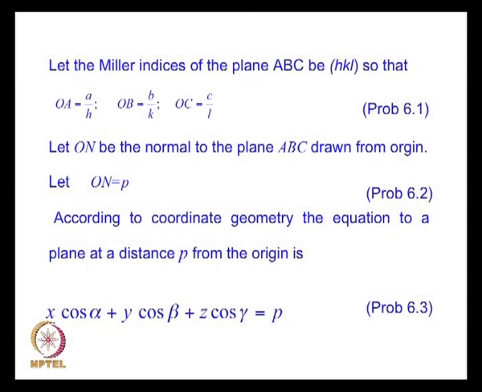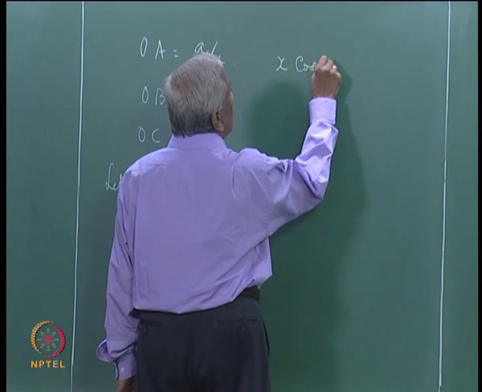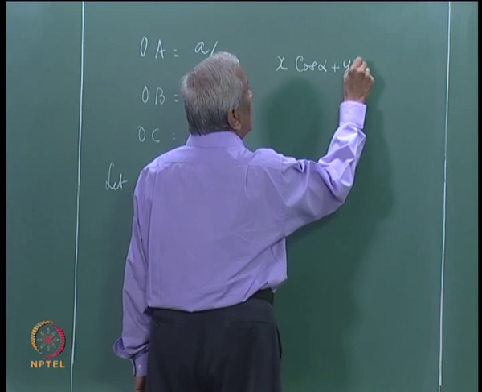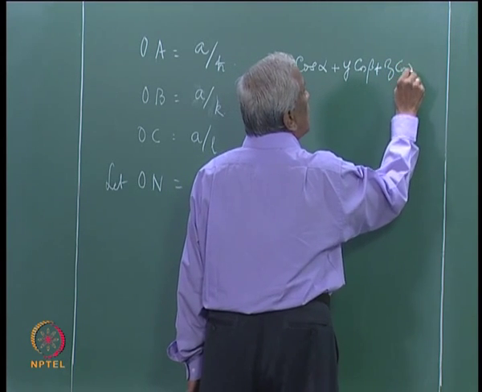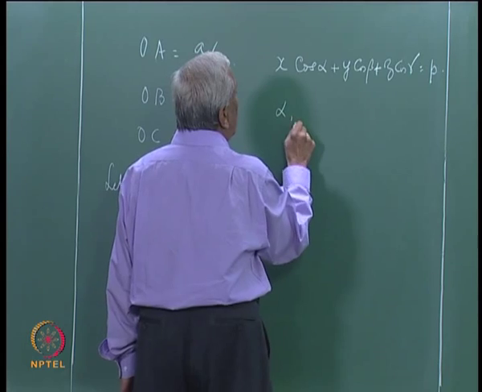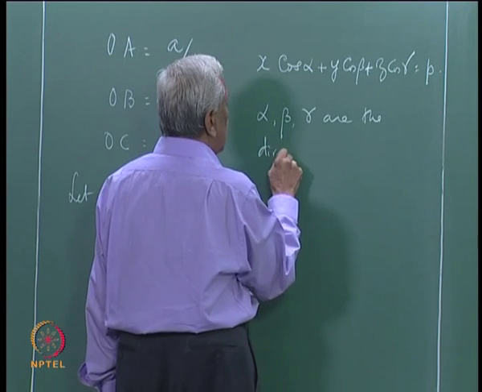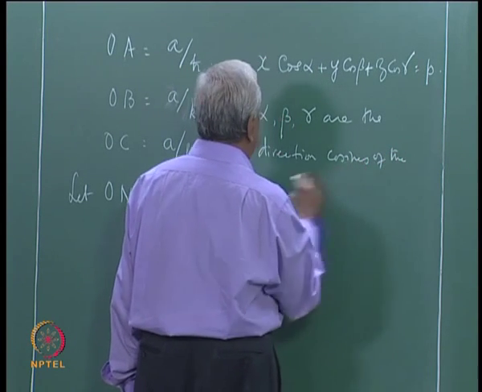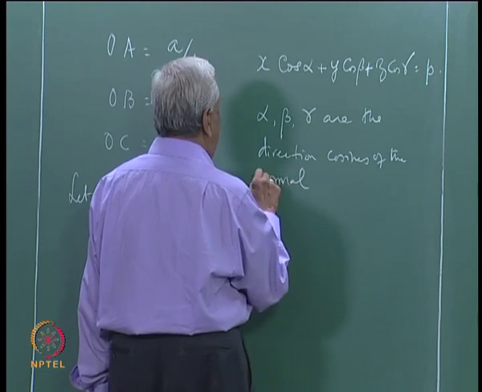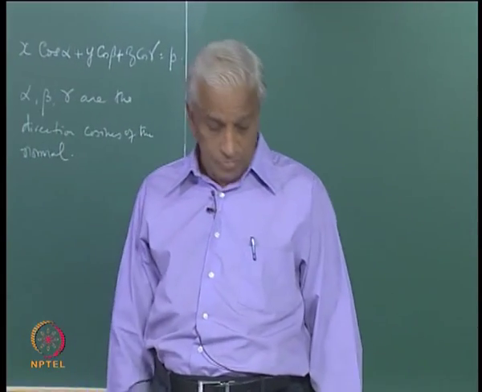If that is so, the normal form of the equation to a plane at a distance p from the origin is well known: x cosine alpha plus y cosine beta plus z cosine gamma equals p, where alpha, beta, gamma are the direction cosines of the normal. This is a standard result in coordinate geometry, so we will use this.